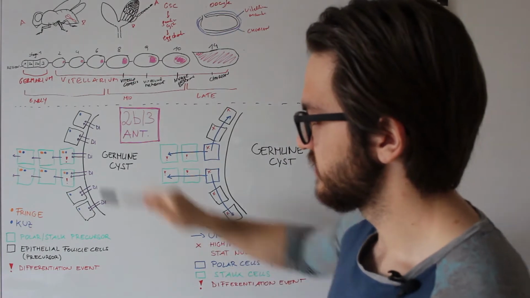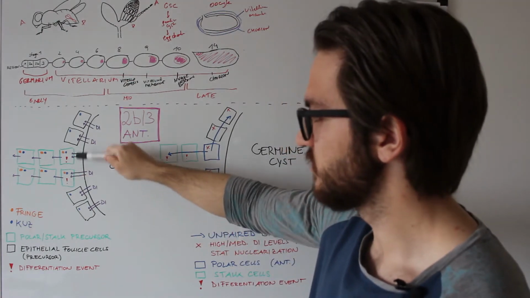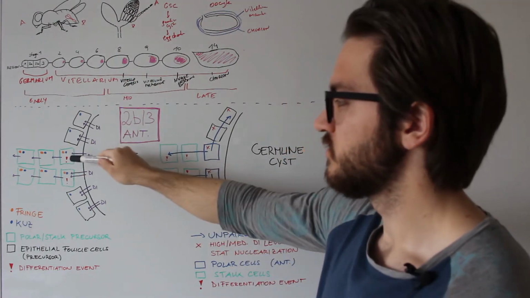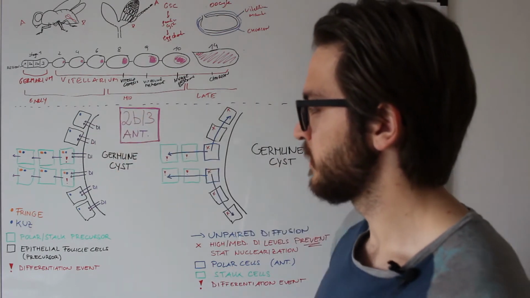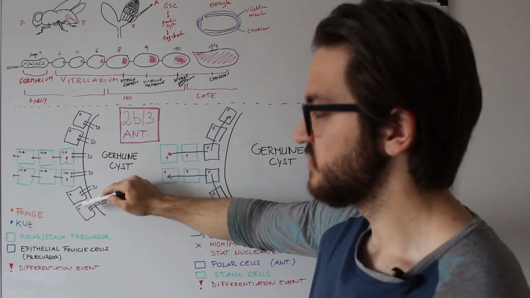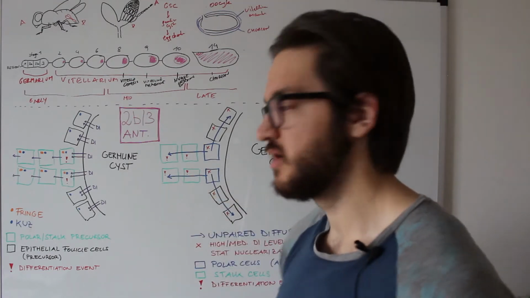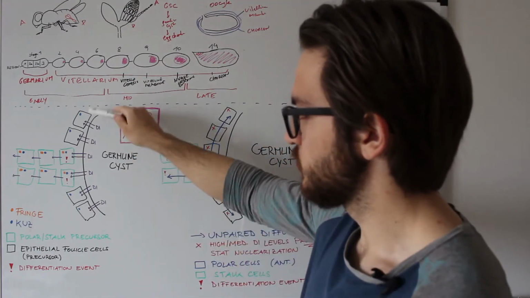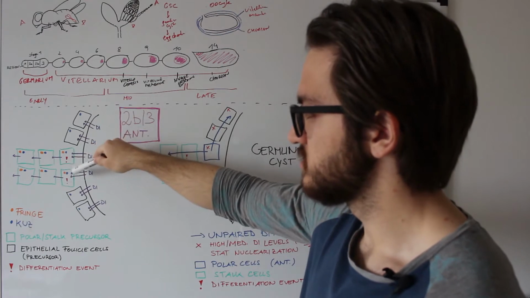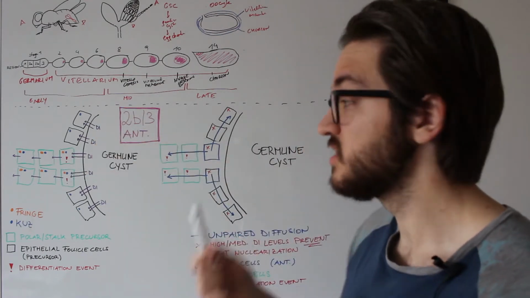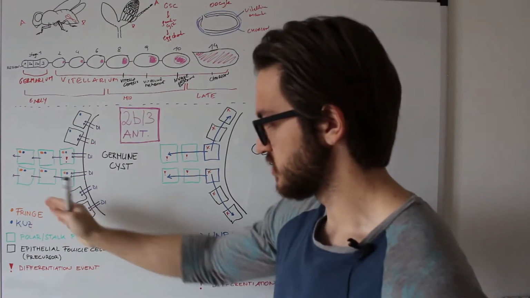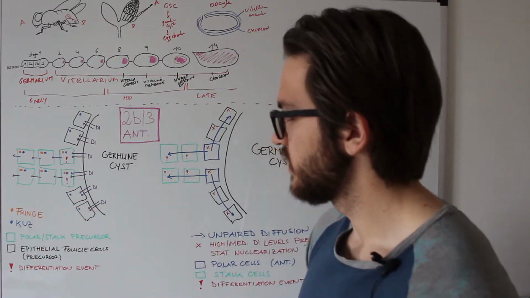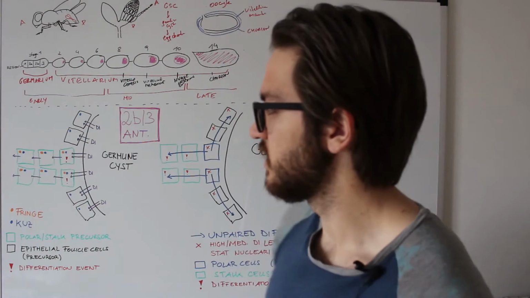That means that these two green cells in contact with the germline cyst receive more Delta-Notch signal than these black cells. So you could say these black cells receive medium amounts of Delta-Notch signaling, whereas these two green cells receive high levels of Delta-Notch signaling, because they express Fringe and they're more sensitive. So what about these four green cells here?